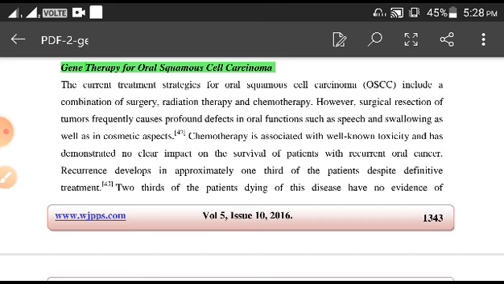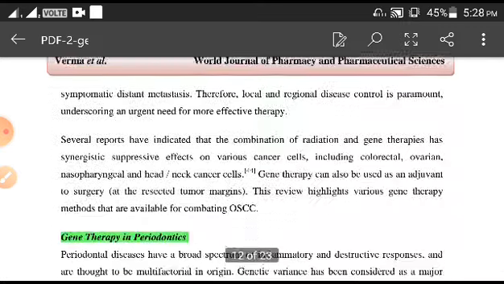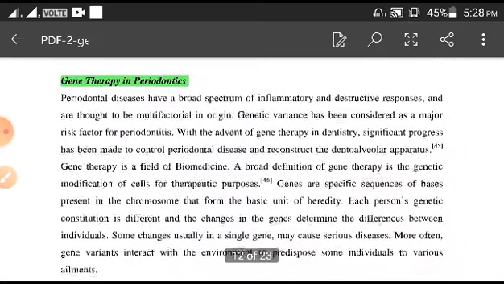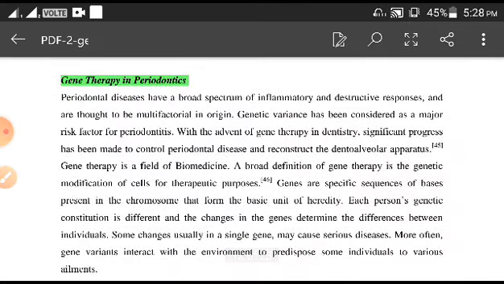So in this OSCC disease also gene therapy can be applied. Gene therapy in periodontics. So in a lot of oral and dental diseases also gene therapy can be utilized. So gene therapy is quite well used in dentistry.